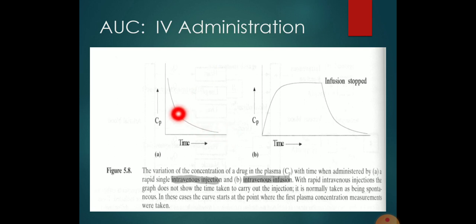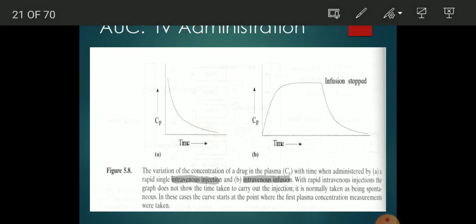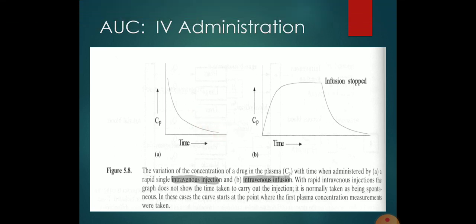This is the slope, and the initial part is the distribution followed by the excretion, that is elimination. So the area which is coming under this zone is known as AUC, or area under the curve.